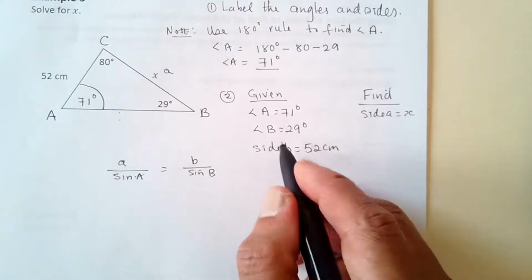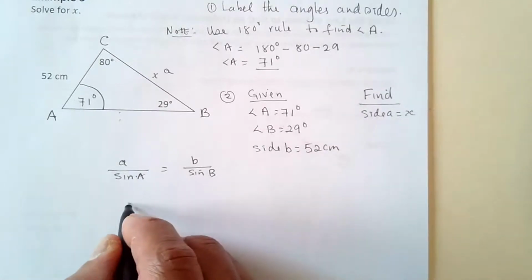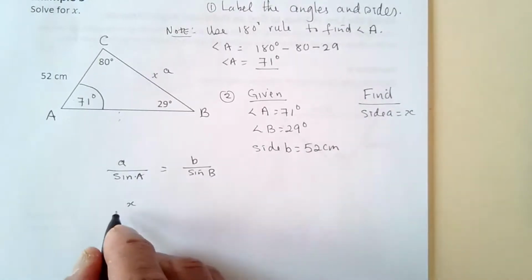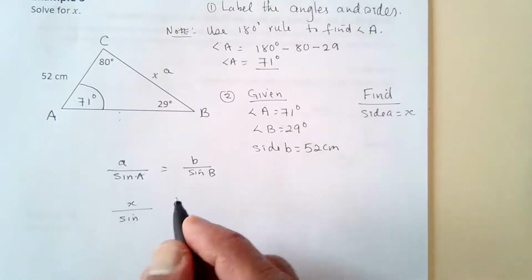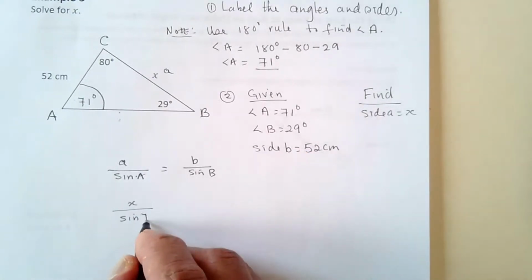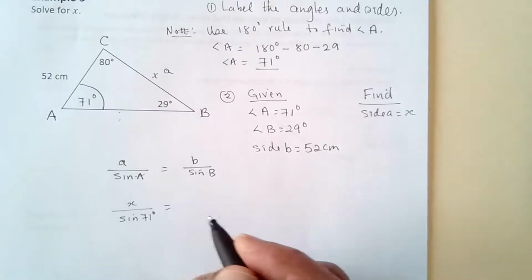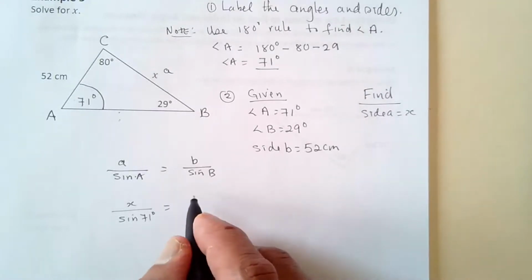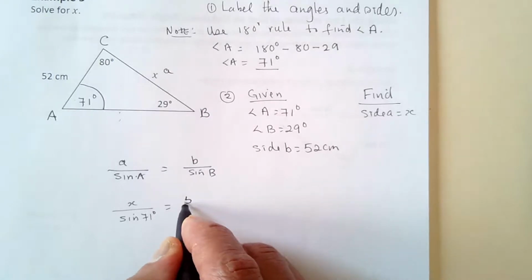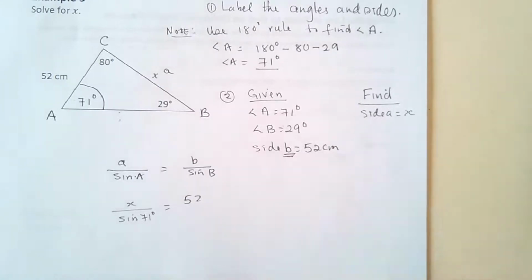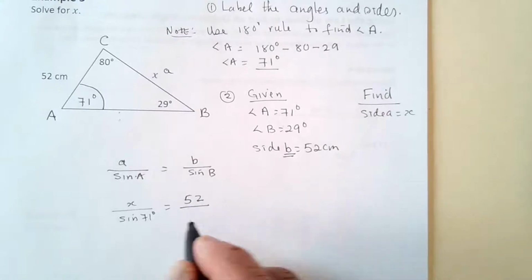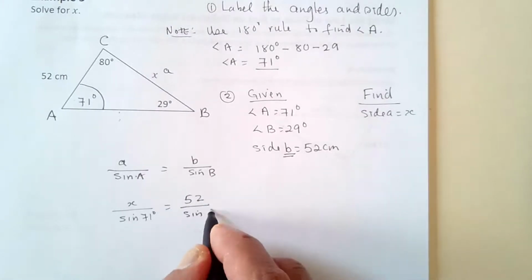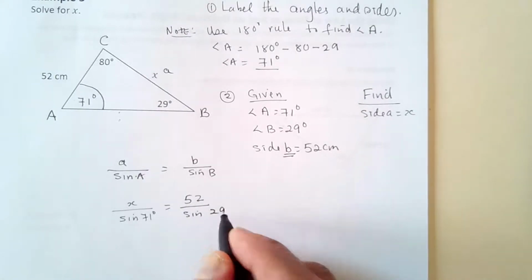We have A, we don't know, that's X, over sine 71 is equal to 52, which is side B here, over sine 29.